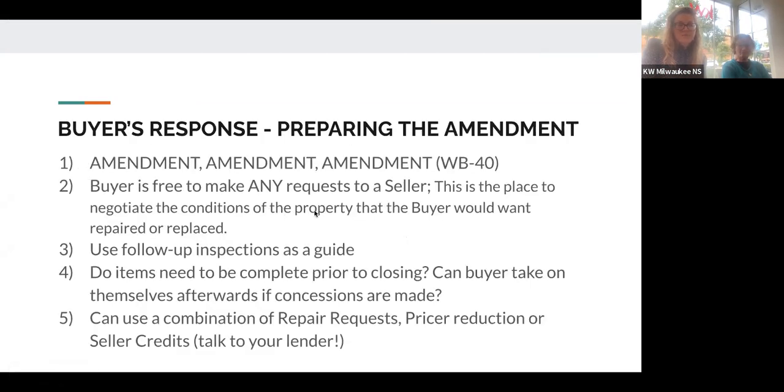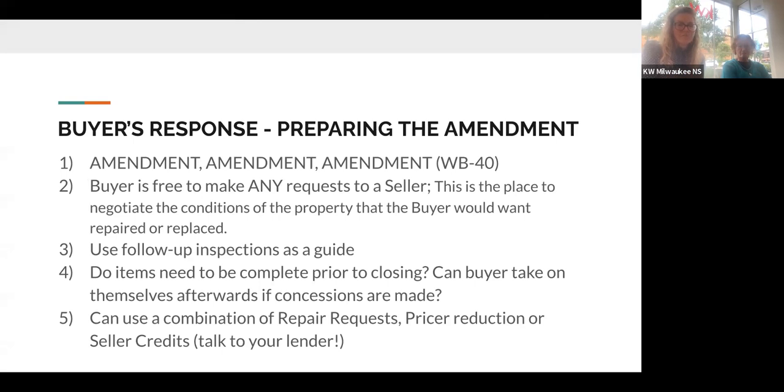So, preparing the amendment. I'm stressing this amendment. This is the tool, the vehicle that we use to make our requests to a seller. That's the WB-40. The first line is always to attempt to negotiate with a seller first, and whether or not we know how the seller is going to respond, making sure that we at least properly make the request to the seller first.